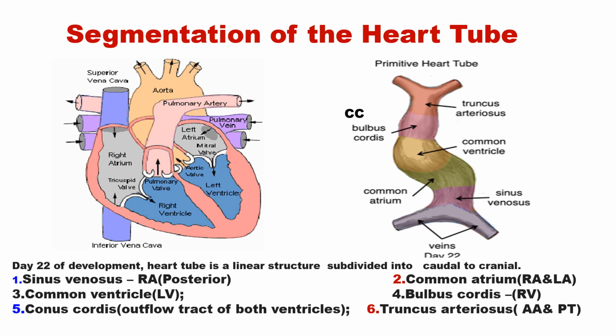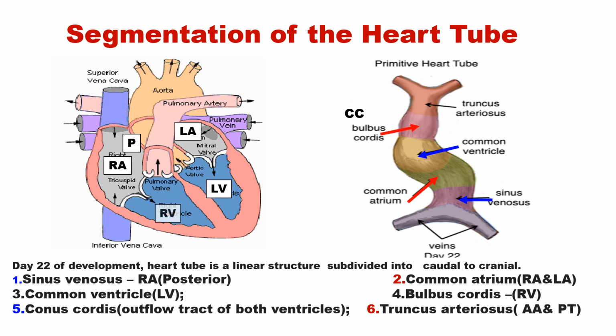So coming to the segmentation of the heart and its derivatives, once again, the sinus venosus forms the posterior smooth part of the right atrium. Primitive atrium or common atrial chamber forms the roughened part of the right atrium and left atrium. Primitive ventricular chamber forms the trabeculated part of the left ventricle.